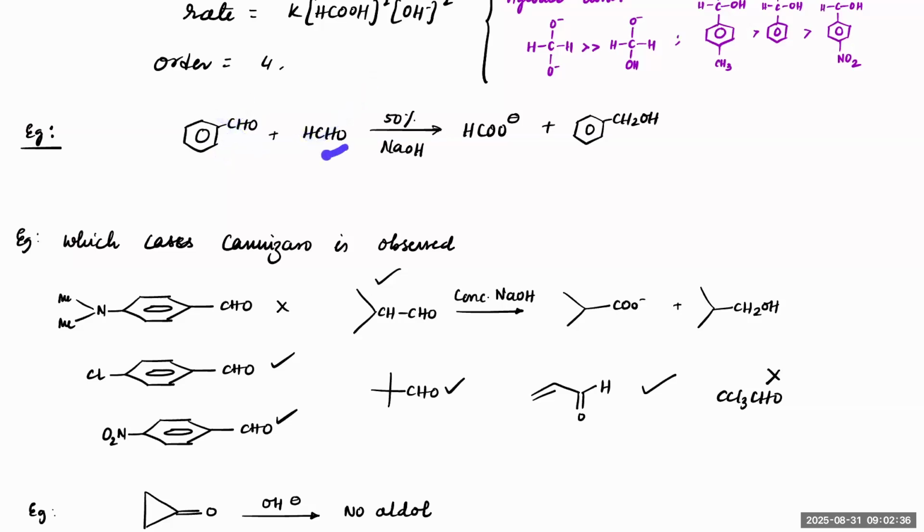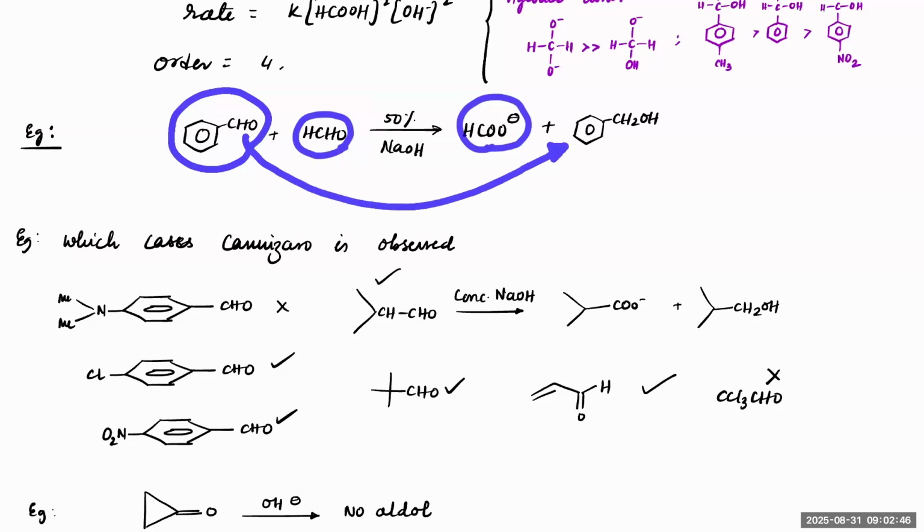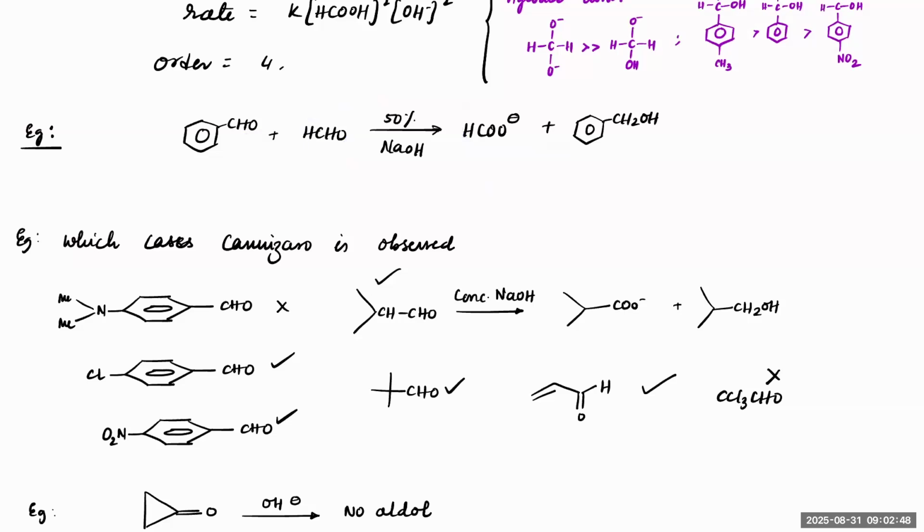So whichever aldehyde is more reactive, that will convert into the acidic form. The one which is less reactive will convert into the alcohol form. Okay. So keep that in mind, that it will favor the alcohol form for less reactivity, the acidic form for more reactivity.